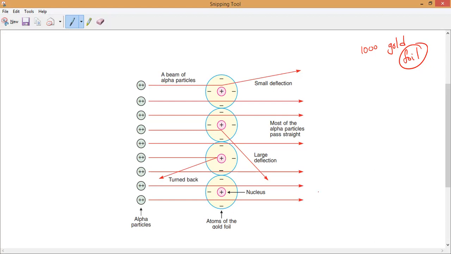So from that, what is the first thing he concluded, the first point of the Rutherford atomic model? From this experiment, most of the alpha particles are passing straight.